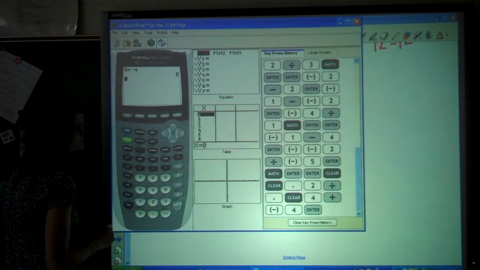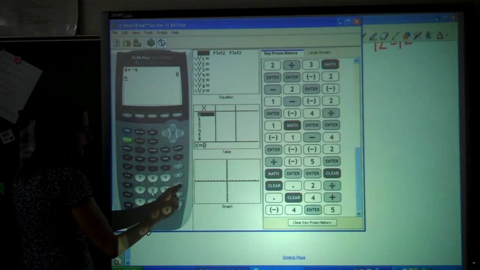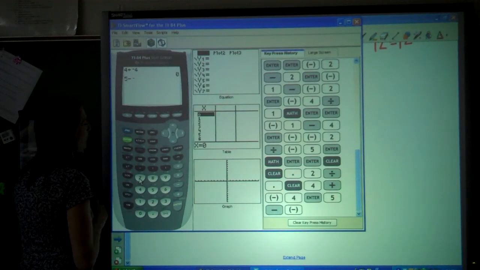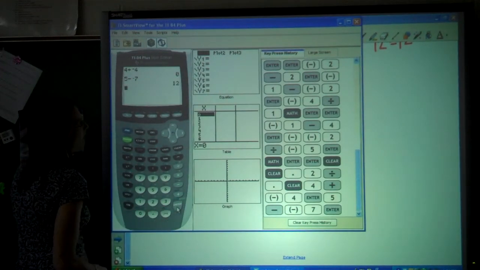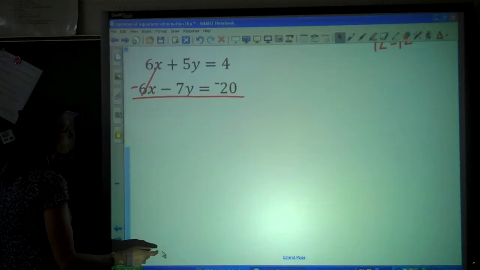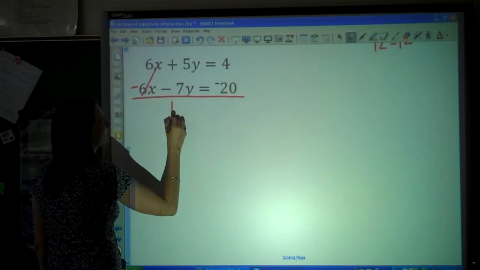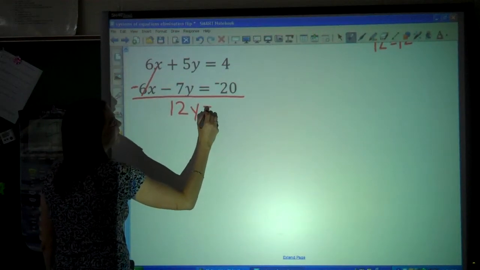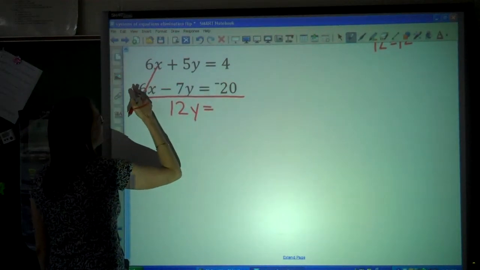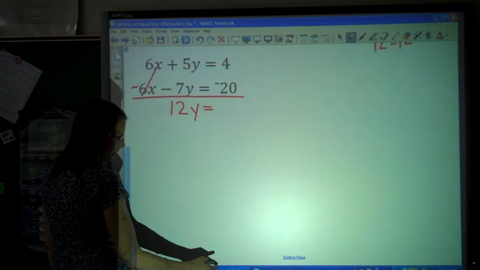If I need to go to my calculator, positive 5 minus negative 7 is a positive 12, because remember, that minus minus really makes it a positive. So positive 12y equals 4 minus a negative 20.